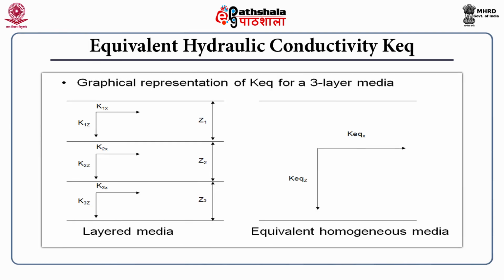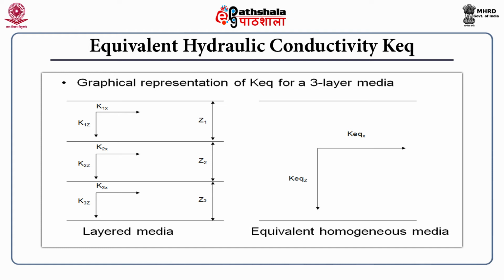Now, sometimes the aquifer media is not homogeneous; it can be stratified, or it can have different types of layers. In that case, it is important to get the equivalent hydraulic conductivity. This picture shows three different layers of porous media having thicknesses B1, B2, B3, with different hydraulic conductivity in the x and y directions.